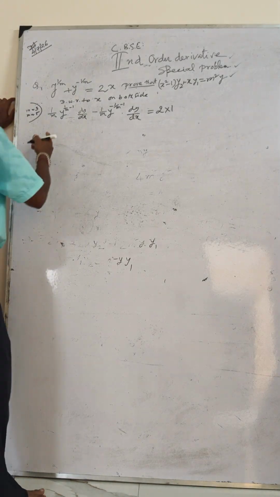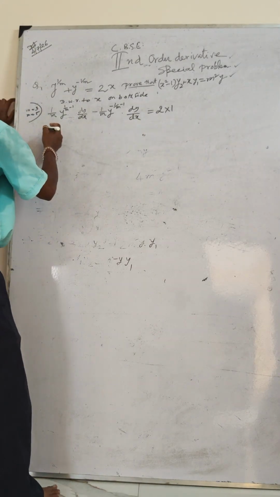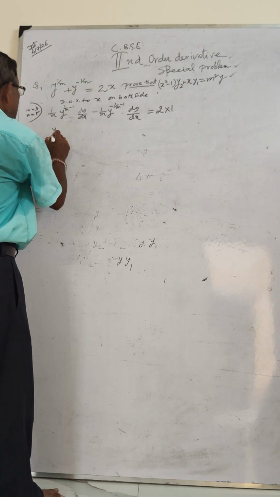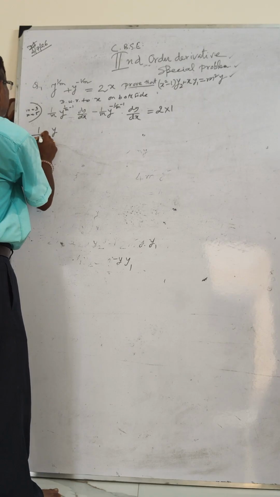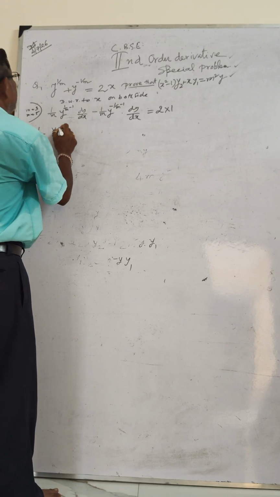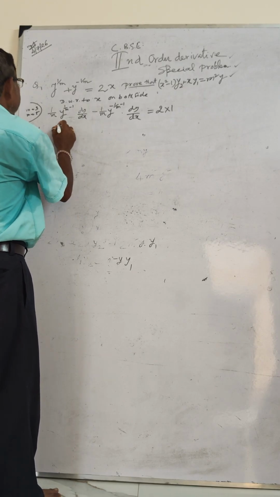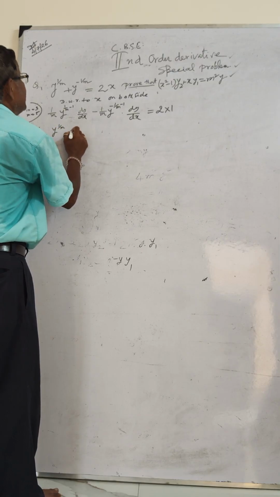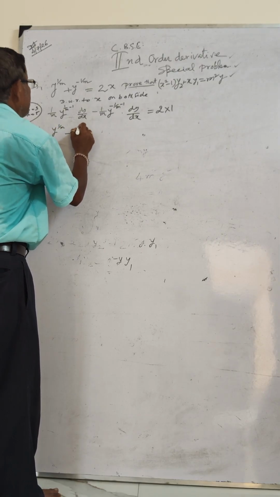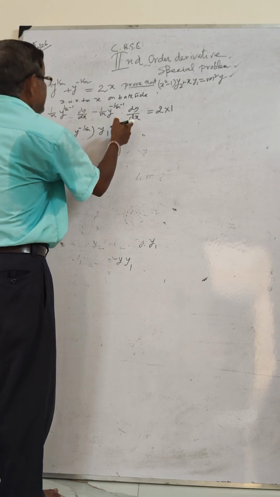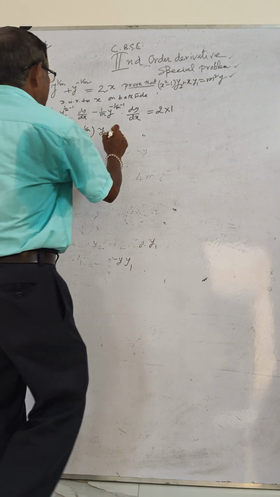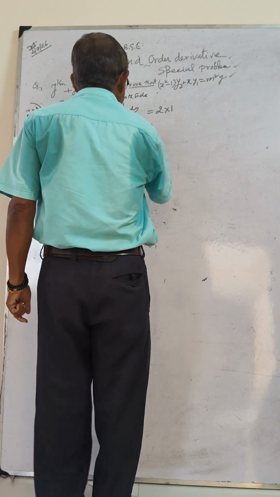Next line, if we multiply both sides by m, y to the power 1 by m minus y to the power minus 1 by m, that is y1, where dy dx means y1, is equal to 2m.